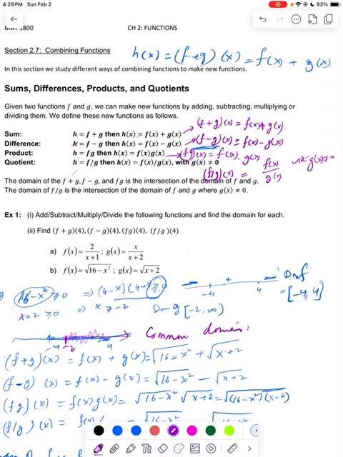So do we put a square bracket or do we put a parenthesis around -2? Can we have -2 as a value and not get a 0 at the bottom?